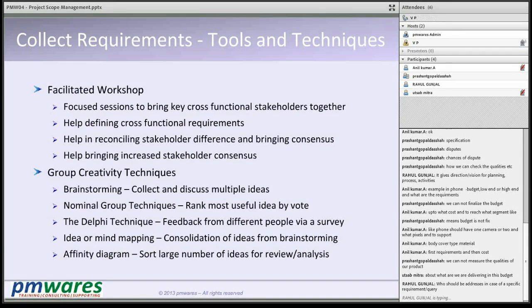Who should be addressed in case of a specific requirement query?